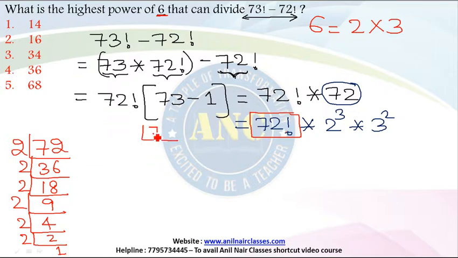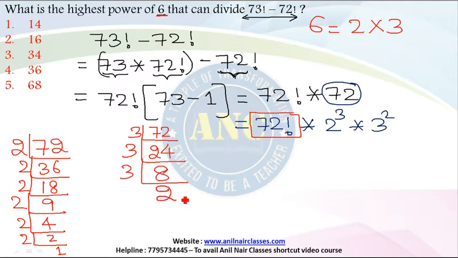Similarly, take the same 72, divide it by 3. It is nothing but 24 into 3 is 72. 3 into 8 is 24. 3 into 2 is 6. I cannot further divide. That means this 72 factorial can be written as 2 power 36 plus 18 is 54, 63, 67, 69, 70.